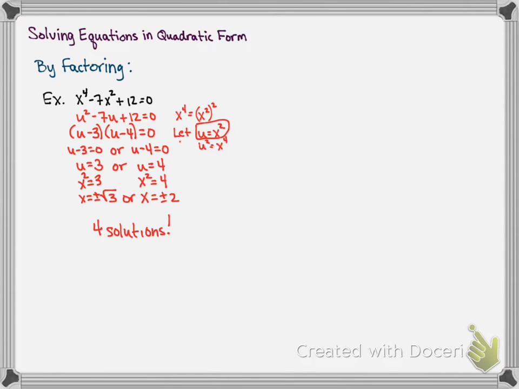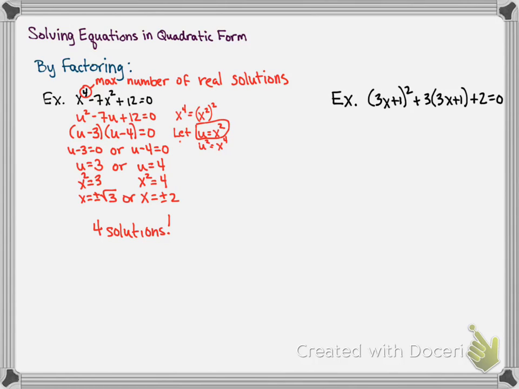I actually have 4 solutions for this example. And this exponent here, the highest exponent in the equation, indicates usually the maximum number of real solutions that an equation can have. We have an exponent of 4, means we could have 4 real solutions, and we actually do in this case.